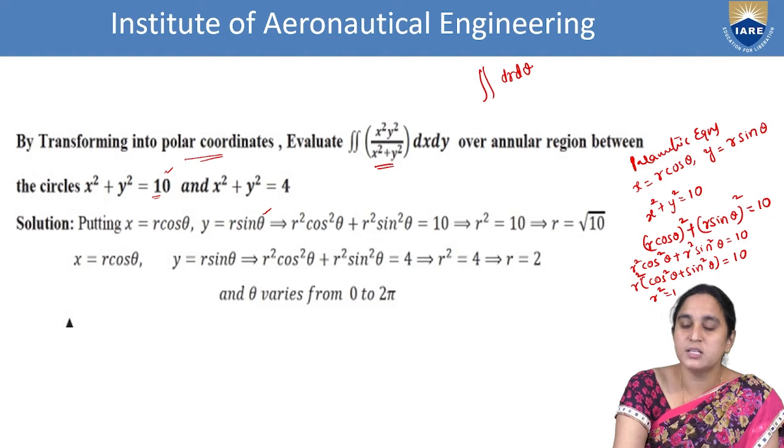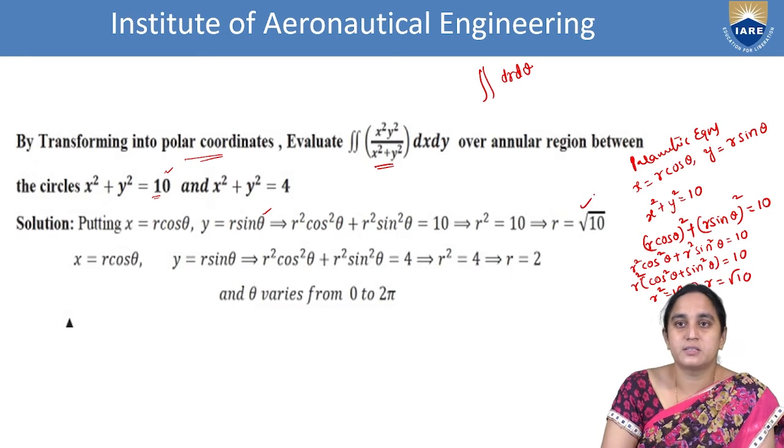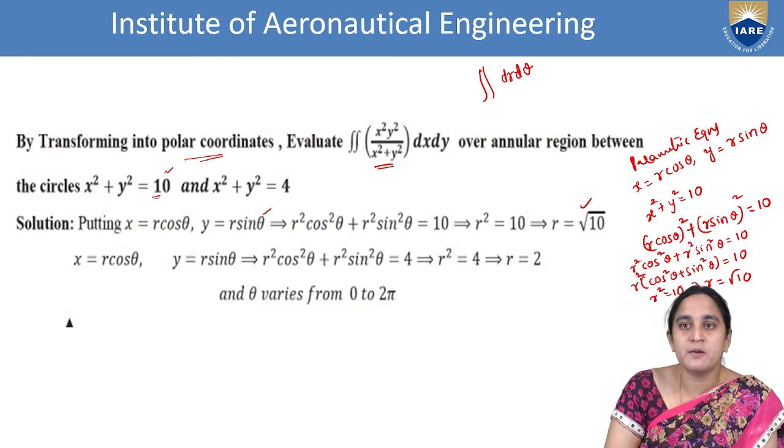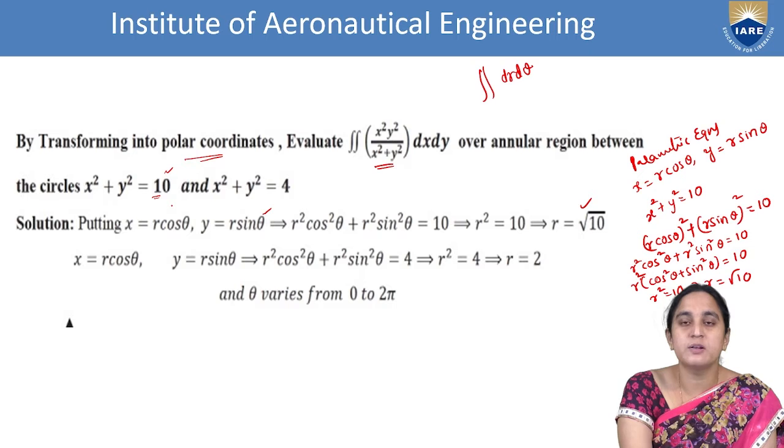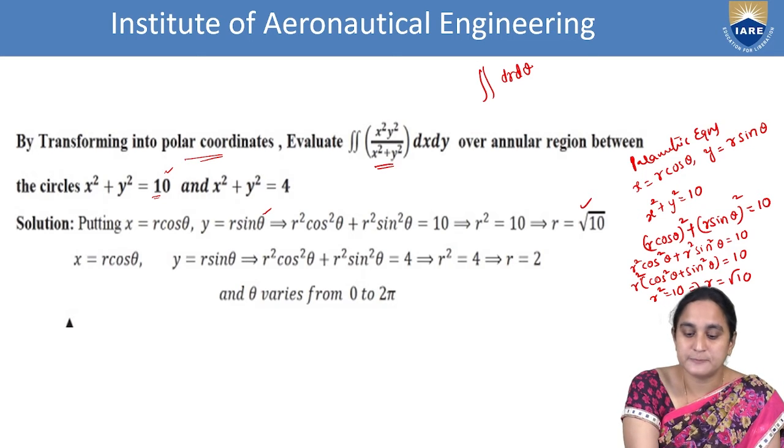From that r square is equal to 10, so r is equal to root 10. That's the first one. By substituting the parametric equations in the first circle equation, x square plus y square is equal to 10, we got the radius r is equal to root 10.